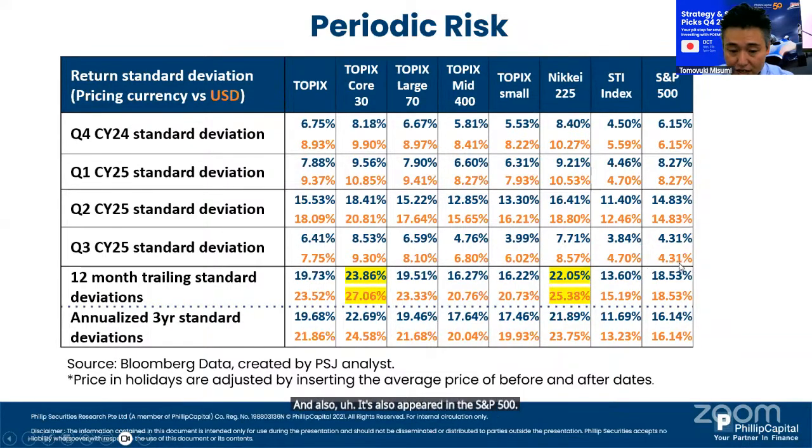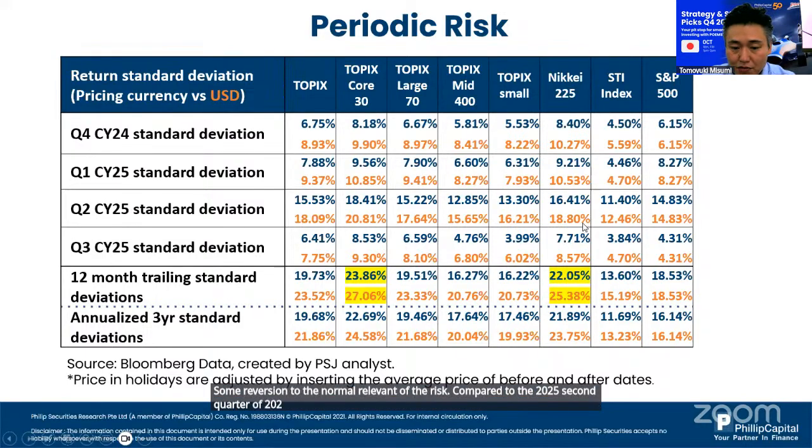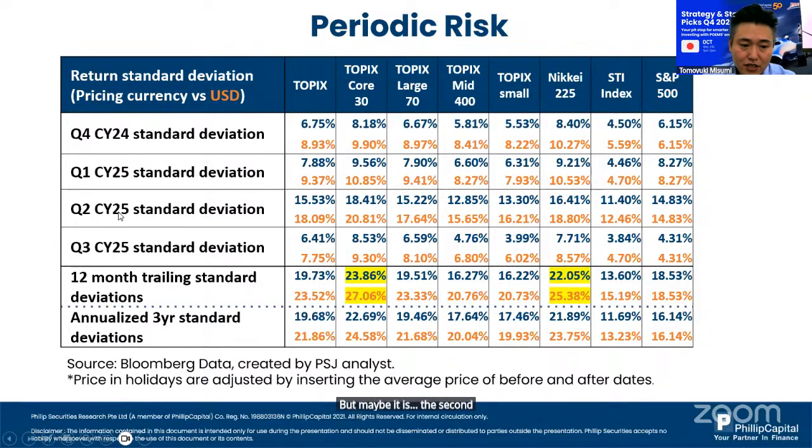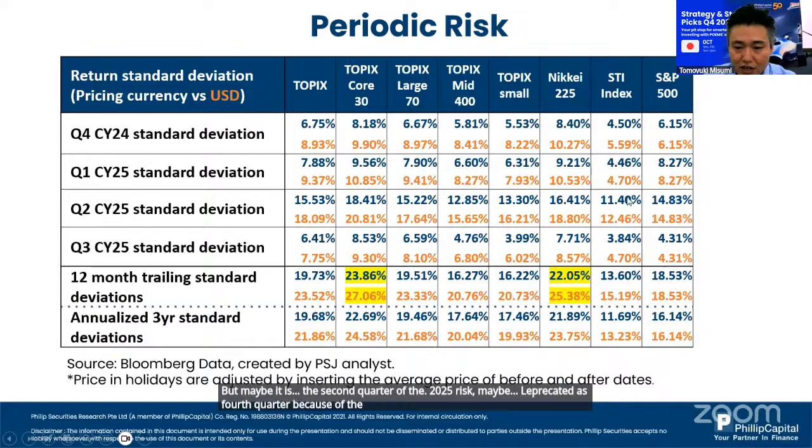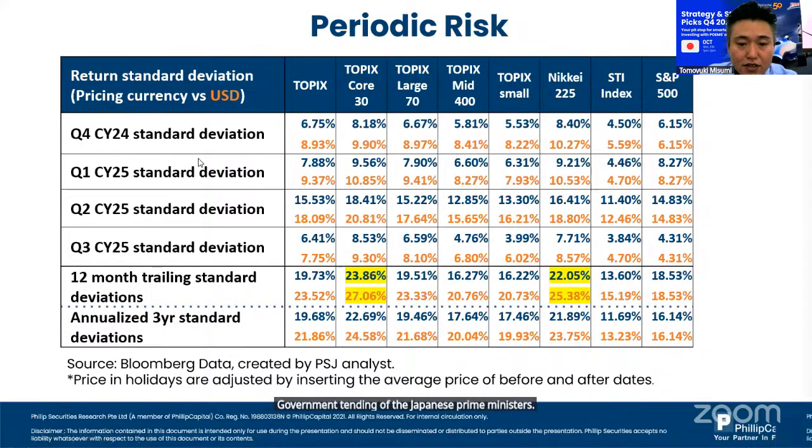It's very surprising and interesting because it may be some reversion to the normal level of risk compared to the second quarter of 2025. The risk may be replicated in the fourth quarter because of the lot of turmoil in the US government shutdown and also the government change of the Japanese prime minister.